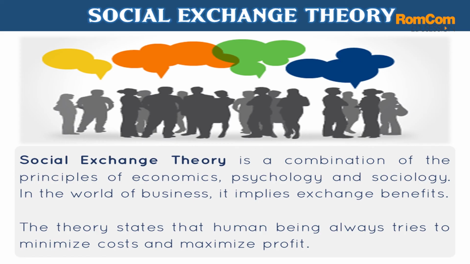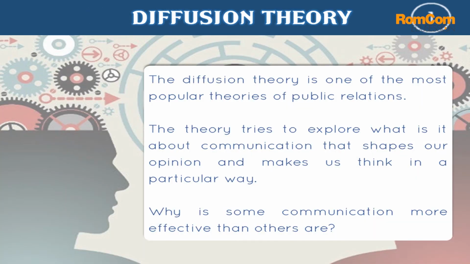And the last theory, we come up to the diffusion theory. The diffusion theory is one of the most popular theories of public relations. The theory tries to explore what is it about communication that shapes our opinion and makes us think in a particular way.